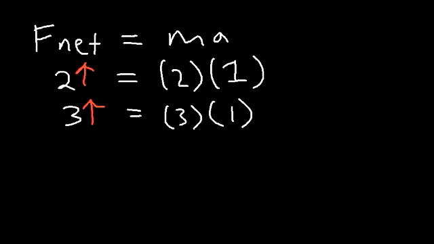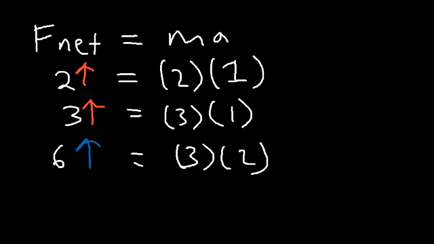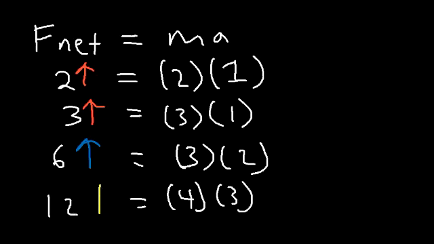What effect will it have on the force? So if you triple the mass and double the acceleration, 3 times 2 is 6, the force will increase by a factor of 6. If you quadruple the mass and triple the acceleration, the force will increase by a factor of 12. So Newton's second law basically states that the net force is equal to the mass times the acceleration.